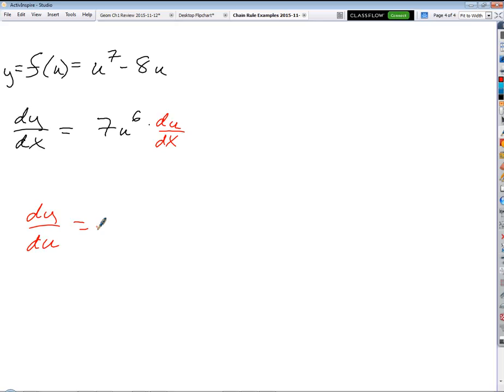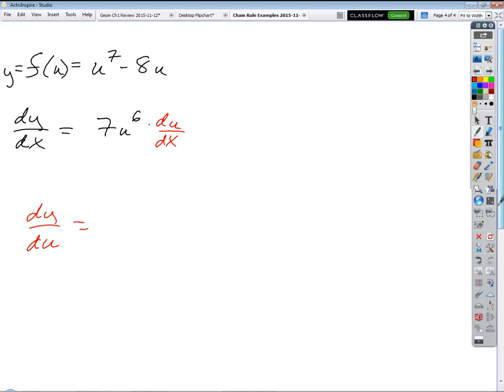Because then I would have only had one layer. When I differentiate that first term, I would have gotten 7u to the 6th, and then the du is just 1. There is no other derivative, right? Okay, but then if it was that, would you say times negative? No, not times. Now we're just going to finish the derivative. We did the first term.